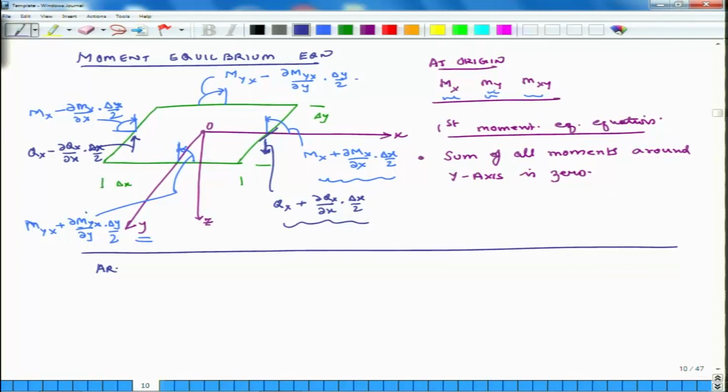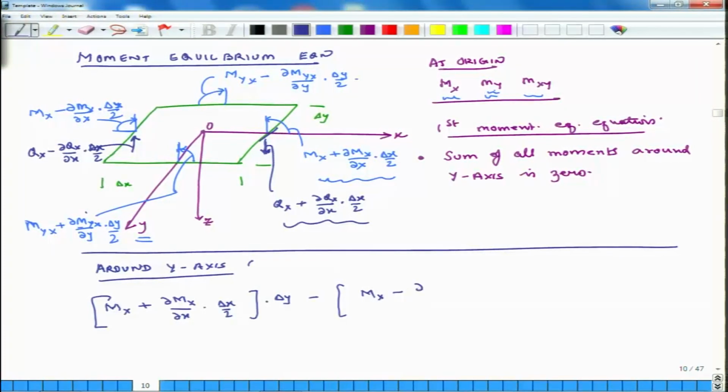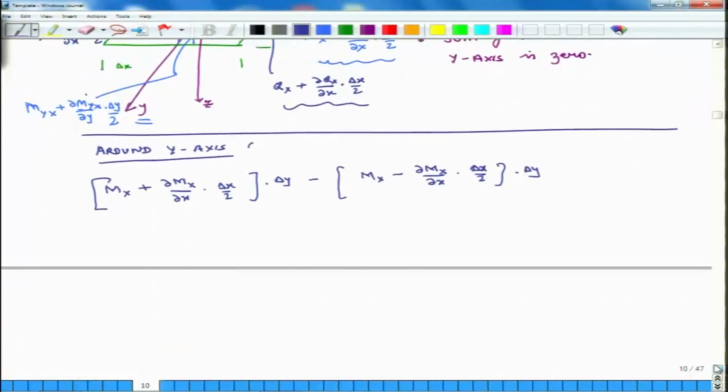So, around the y axis we write down mx plus del mx over del x times delta x over 2, times the length of the side of the plate, which is delta y, minus mx minus del mx over del x times delta x over 2 times delta y, plus mxy plus del mxy.